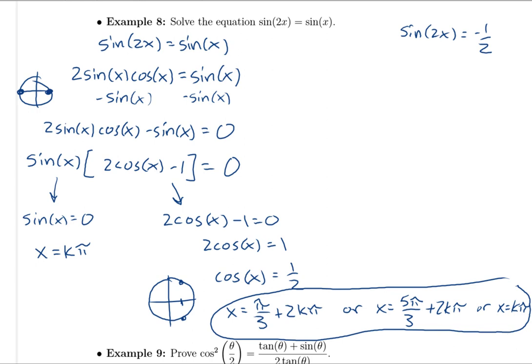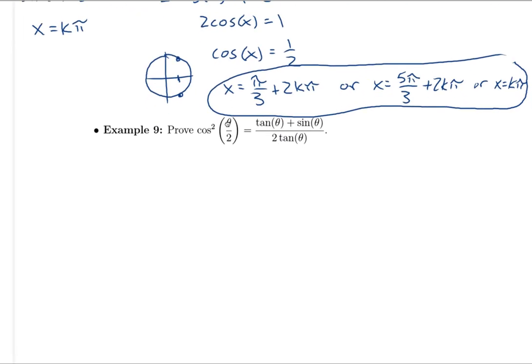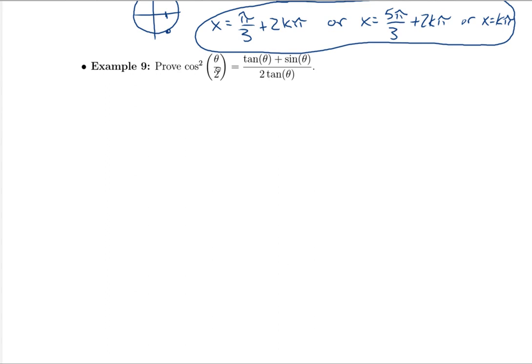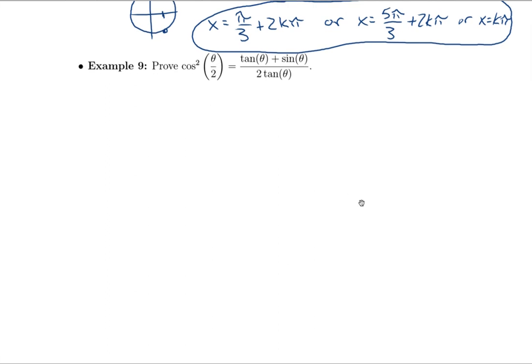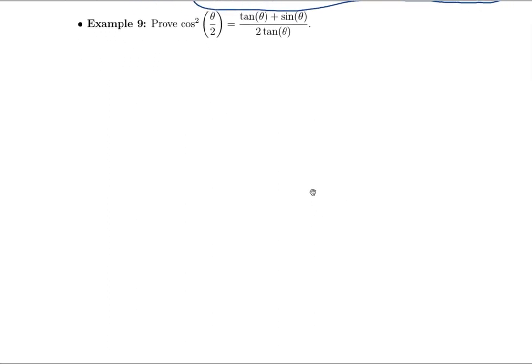All right, now for this last one, we're going to break the rules a little bit. We're being asked to prove that the left equals the right, and I think there's no question that the right side of this is more complicated. However, kind of the exception to that rule is that if you see one of your formulas that you've learned showing up on one side, it might be nice to start with that and then expand it out.